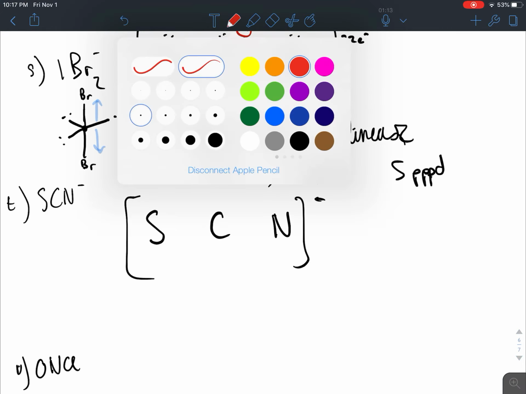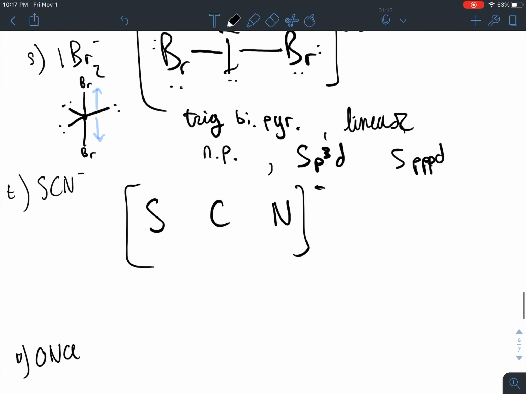So let's draw these. Carbon has 4. Sulfur has 6. Nitrogen has 5. And then, oh, there's another one.